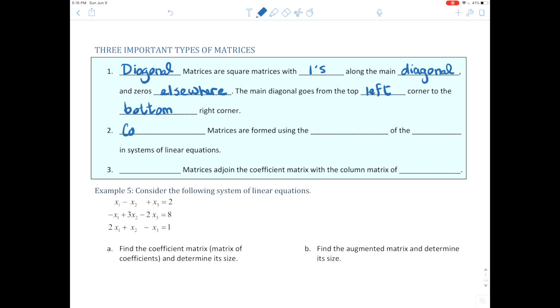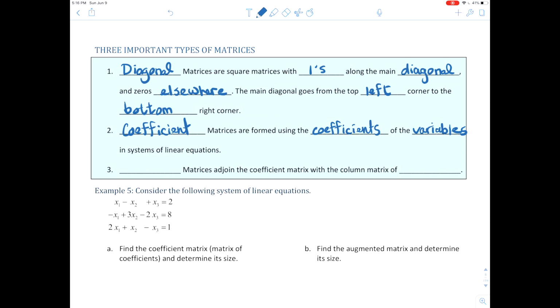Coefficient matrices are formed using the coefficients of the variables in systems of linear equations.